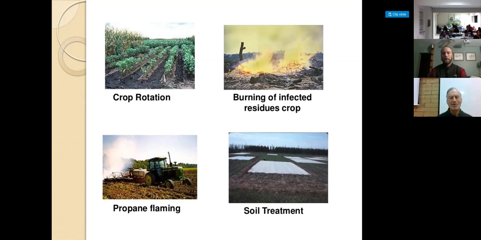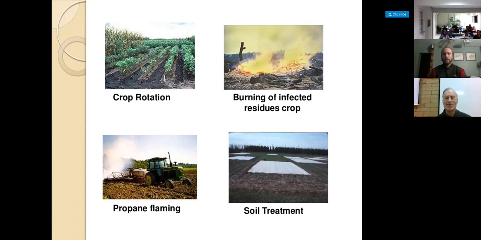Propane flaming: we talked about using flaming for weed control, and it might also be useful for disease control in some cases. And soil treatment, this is putting clear plastic on the soil, and the sun will heat up the soil underneath, and if it's done right, it can heat up the soil enough to kill the pathogen that might be in the soil.